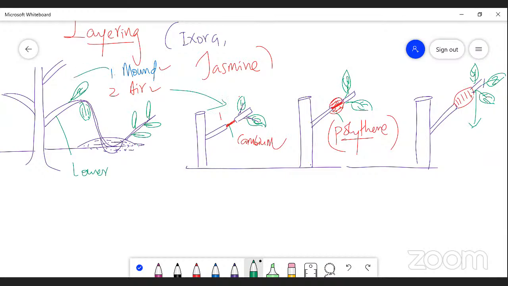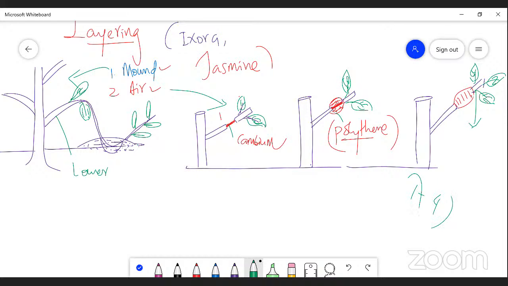The first category is mound layering. Air layering is a technique in which part of the stem is removed. I mean, the girdled nodal region is made into a cavity, or the outer covering is removed, and damp soil is applied with the help of polythene paper. It is bound tightly and left for 1 to 4 months.